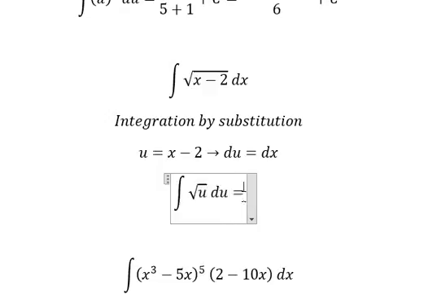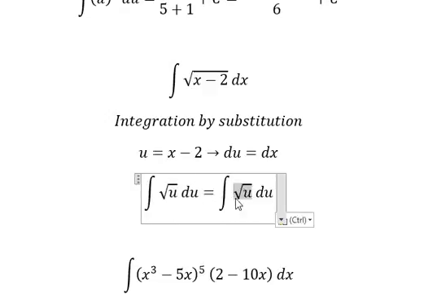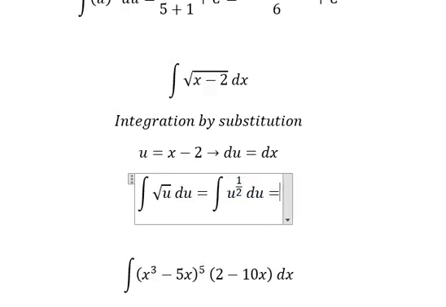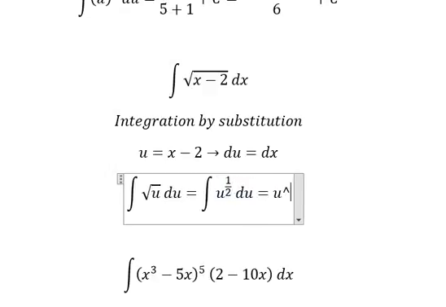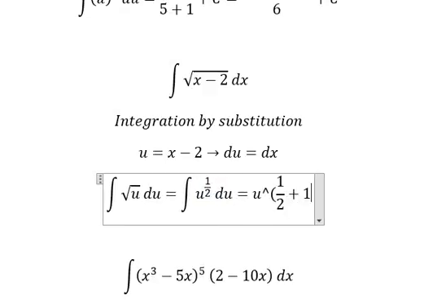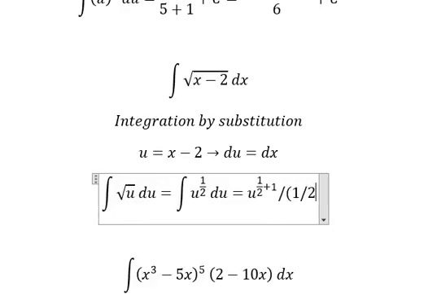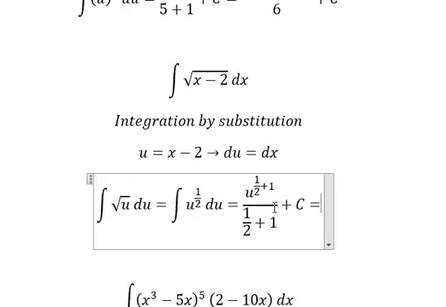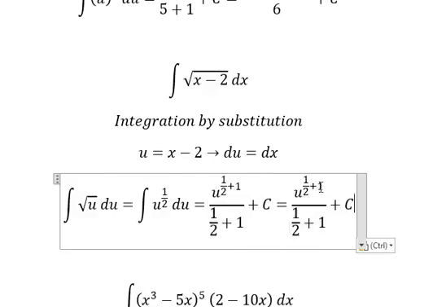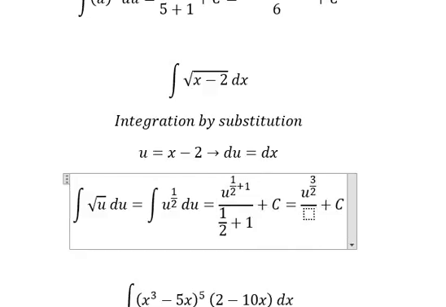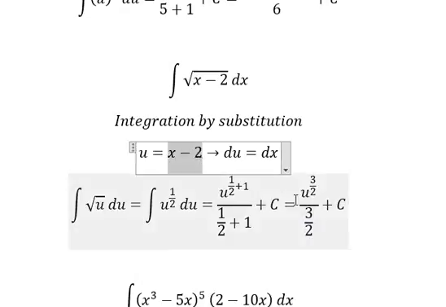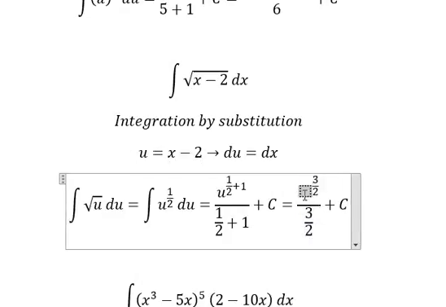The square root of u is u to the power of 1 over 2. So this one we have u to the power of 1 over 2 plus 1 over 1 over 2 plus 1, plus c. So we have 3 over 2, with u being x minus 2.